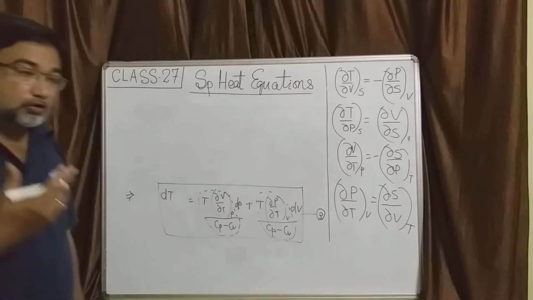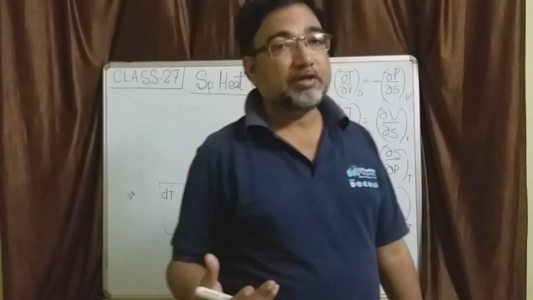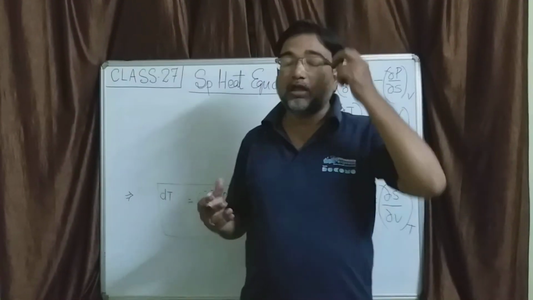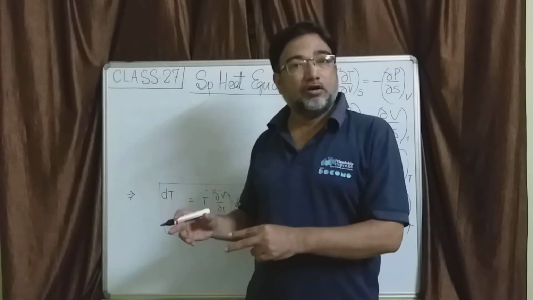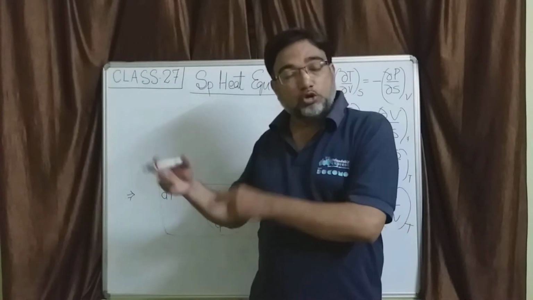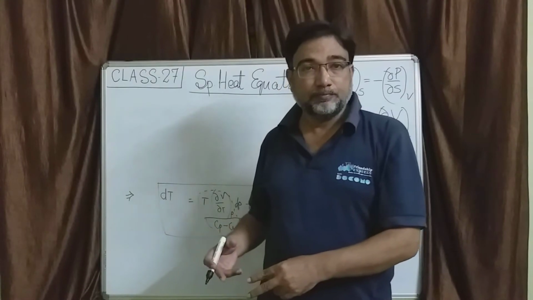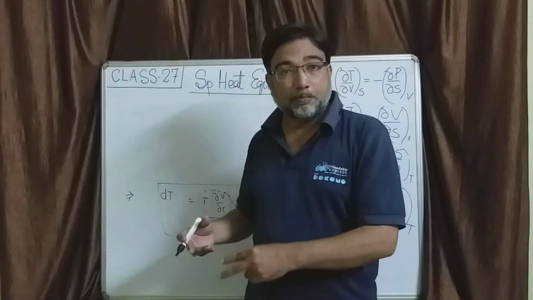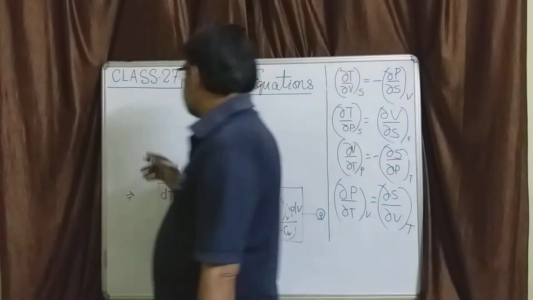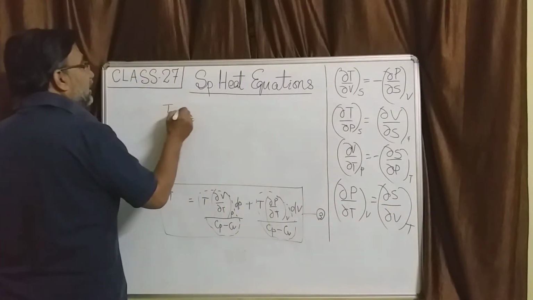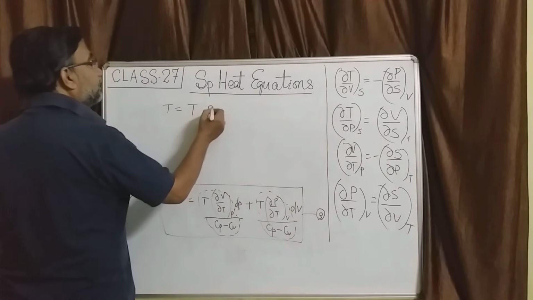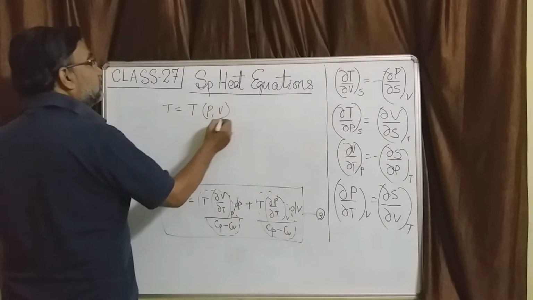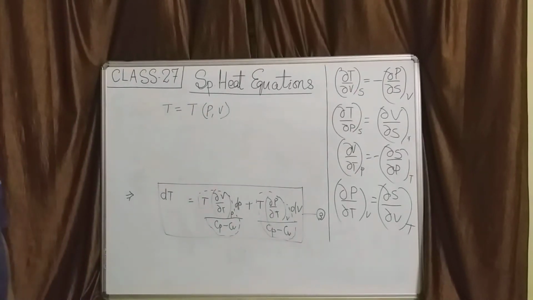Now we also know that in thermodynamics, out of the 8 properties, any property can be expressed always as a function of any 2 of the remaining properties. So we can write T as a function of pressure and volume.